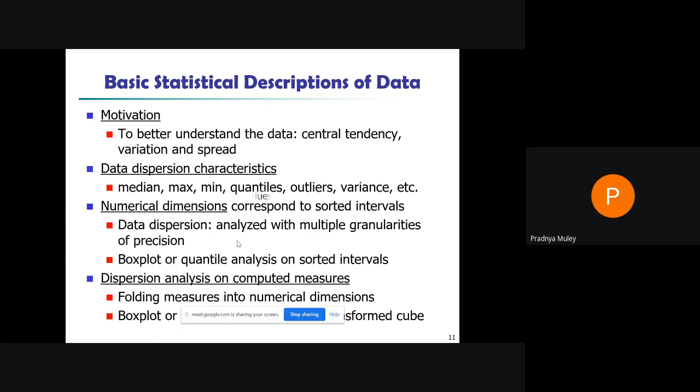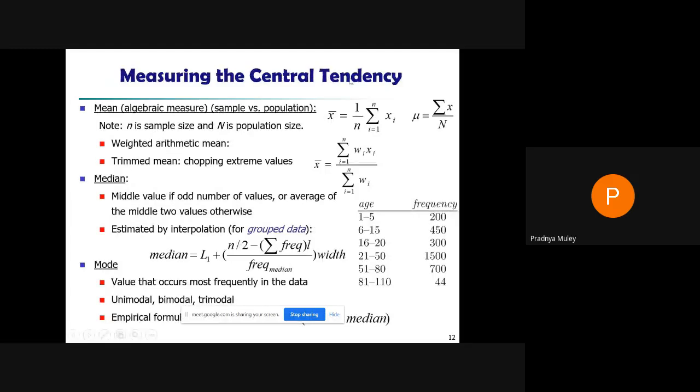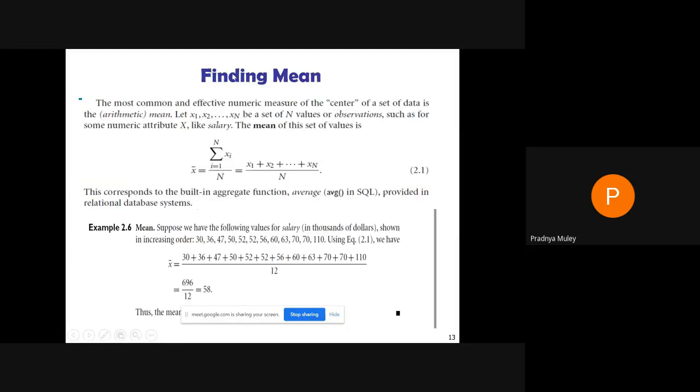So let us see measuring the central tendency of the data. Now, what is central tendency? Central tendency of any data set is measured with the help of mean, median, mode, and mid-range of the data. Now, what is mean? Let's take finding the mean.